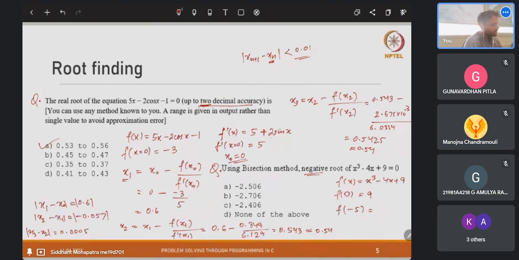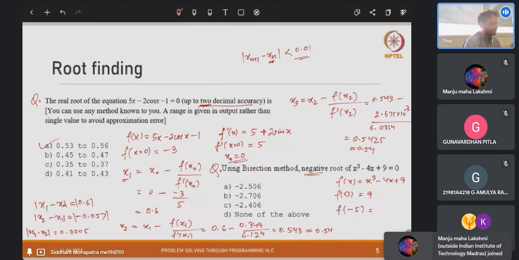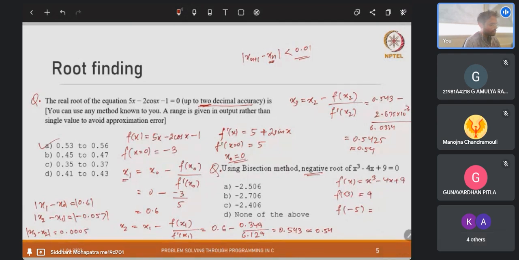Okay, so if I take f of minus 5, let us calculate f of minus 5. Minus 5 cube minus 4 into minus 5 plus 9, which is minus 96. So I'll take these two initial conditions, which are 0 and minus 5.